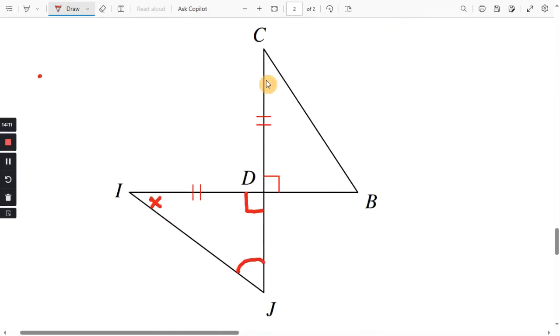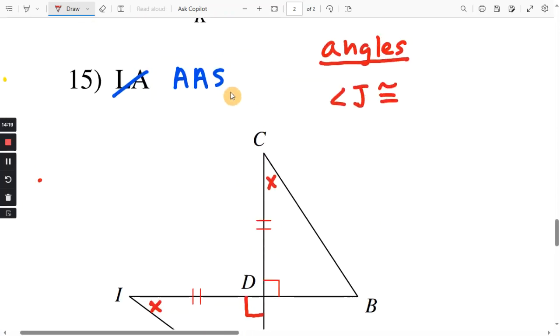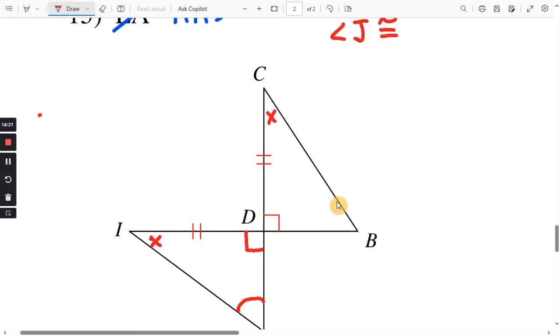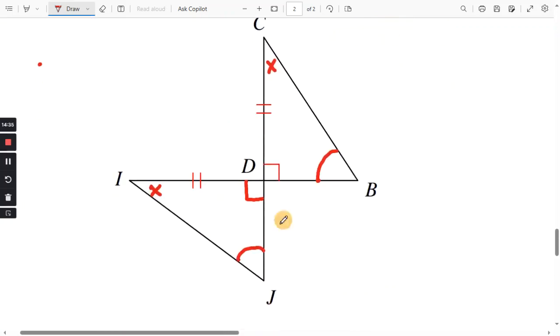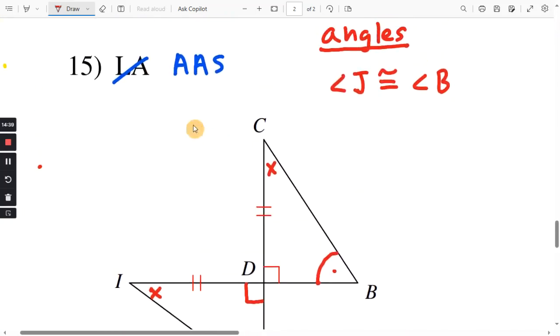If I use this angle here, it would be angle, side, angle, and the side would be in between. So I cannot use that angle because I want AAS. It's going to have to be this angle right here, angle, angle, side. See, the side is not in between. So this here is angle B. That's it. Angle J would have to be congruent to angle B in order to use AAS.